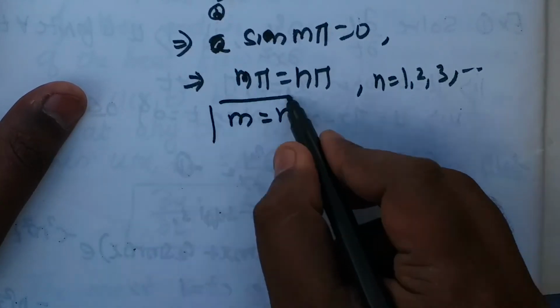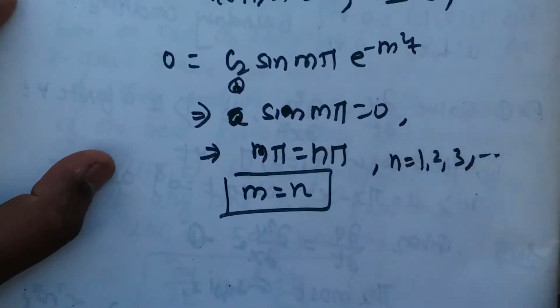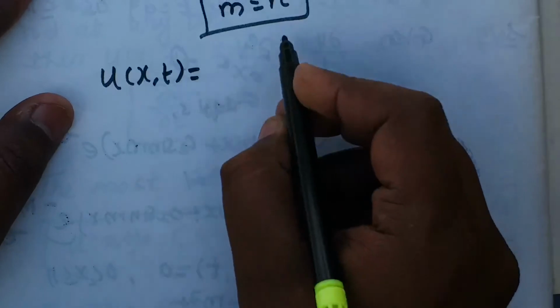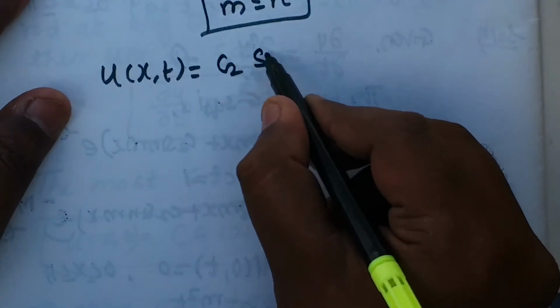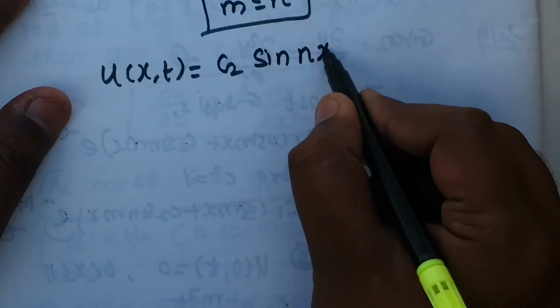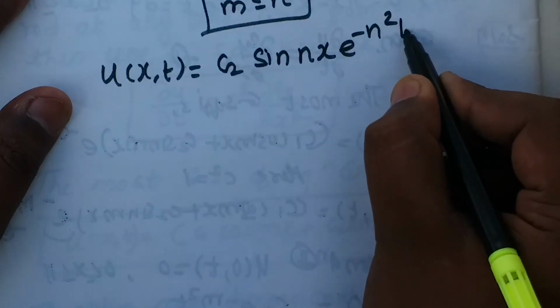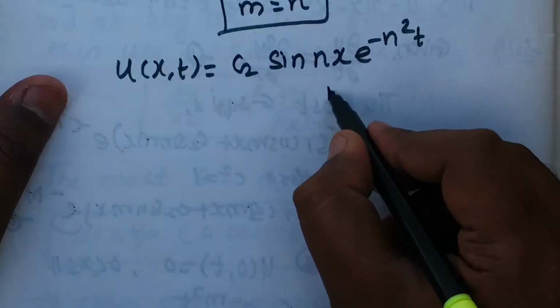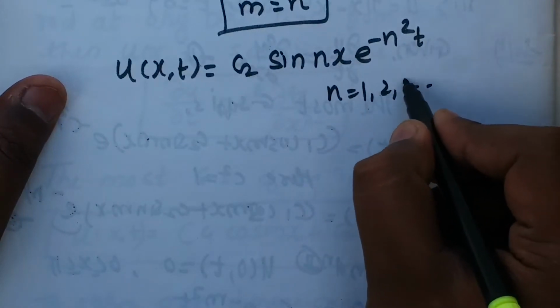So what value of m have we obtained from the second boundary condition? It is n. Therefore your solution will become c2 sine nx e raised to minus n square t, instead of mx and m square t.